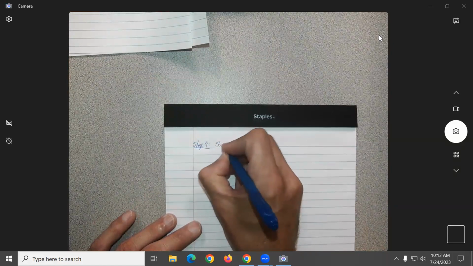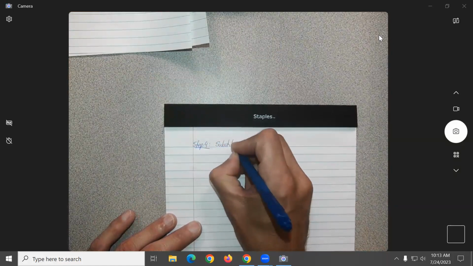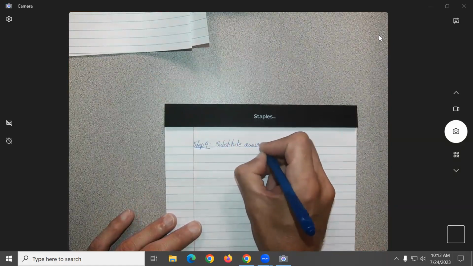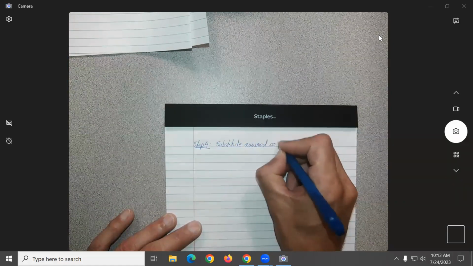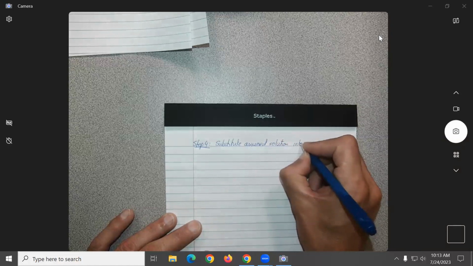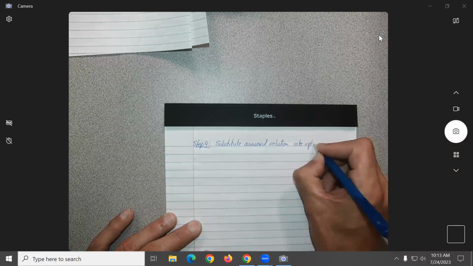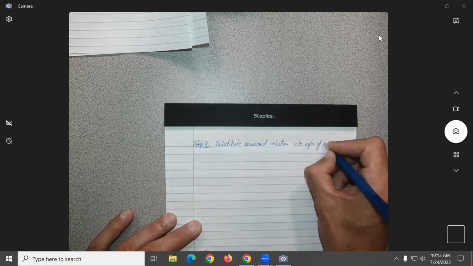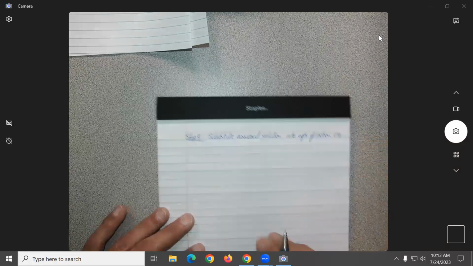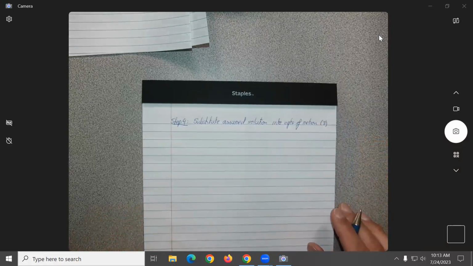Step 4, we substitute the assumed solution into the equations of motion, which is equation 3.